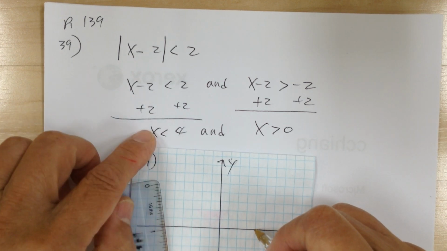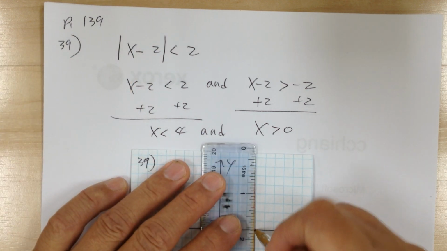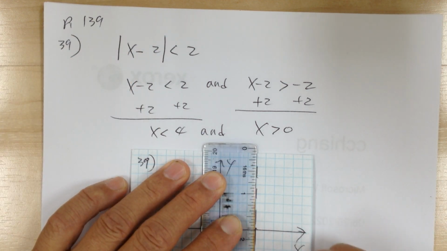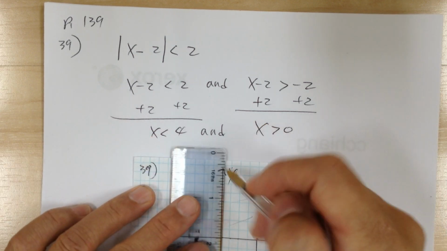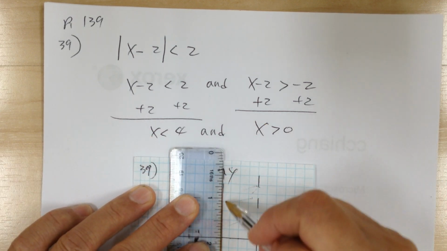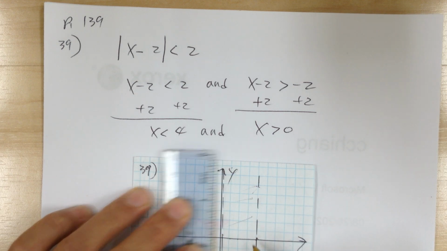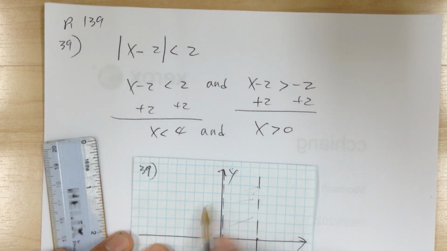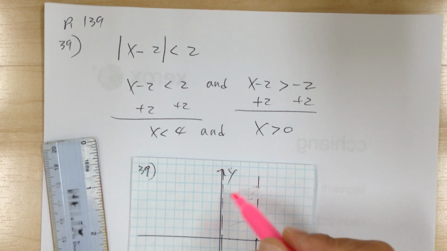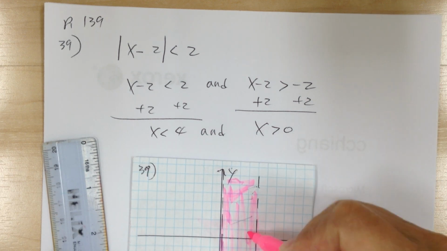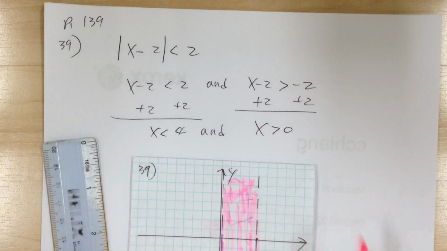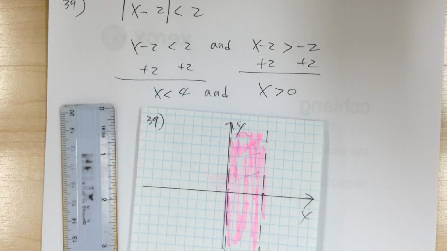Remember, when there's no y, it's going to be a vertical line. It's less than 4, so it's going to be this way, and it's greater than 0. I'm going to offset a little bit so you can see what the line is. So it's greater than 0 and less than 4. Your graph would be this region right over here, and that would be the graph for number 39.